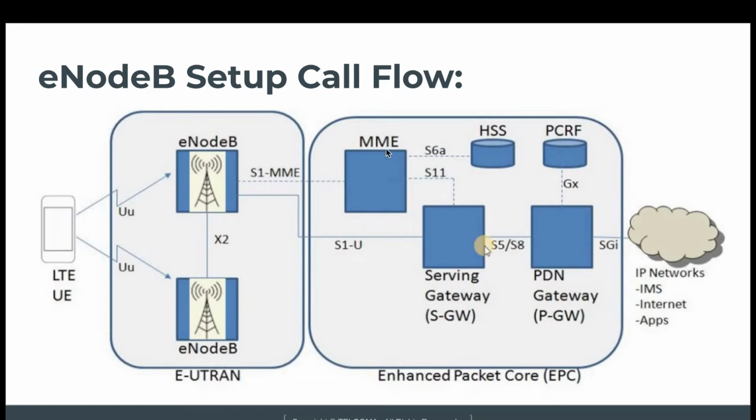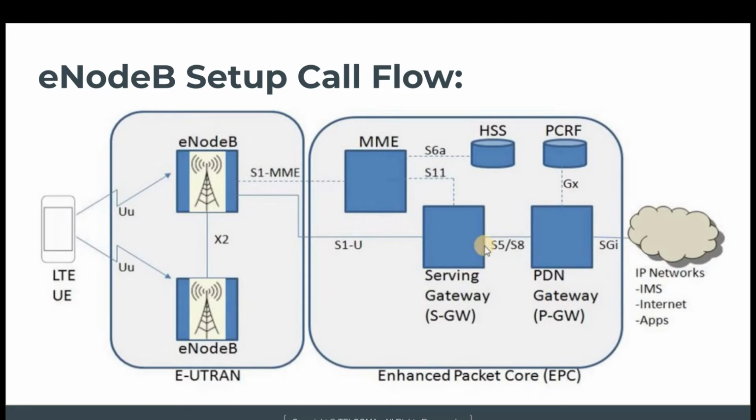After that the MME is further connected to the serving gateway using the S11 interface, and it is connected to the HSS, which contains the permanent address of a user, through the S6a interface. The serving gateway and PDN gateway are connected using the S5 and S8 interface, and the PDN gateway is further connected to the IP network through the SGi interface, and to the PCRF through the Gx.